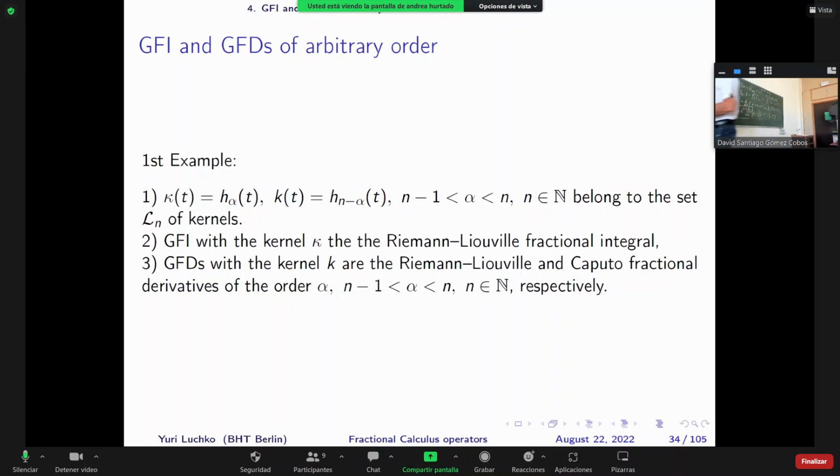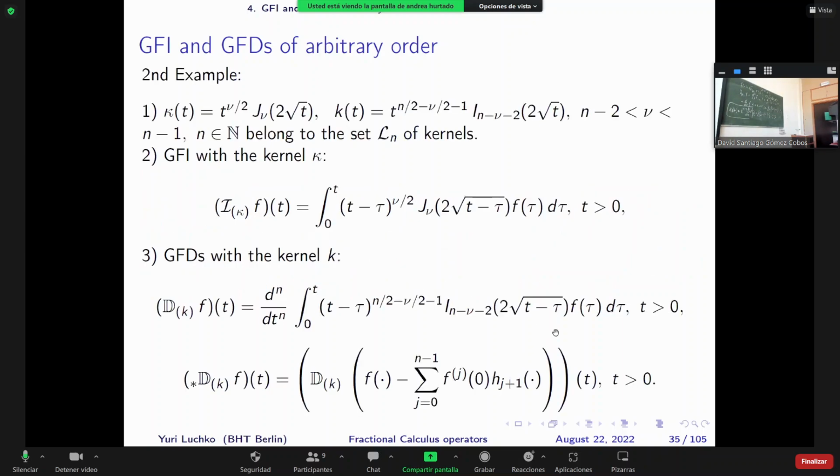Of course, for other kernels of this kind, one can construct different operators. And in a certain sense, these operators are not better, but also not worse than the standard Riemann-Liouville fractional integrals and derivatives.